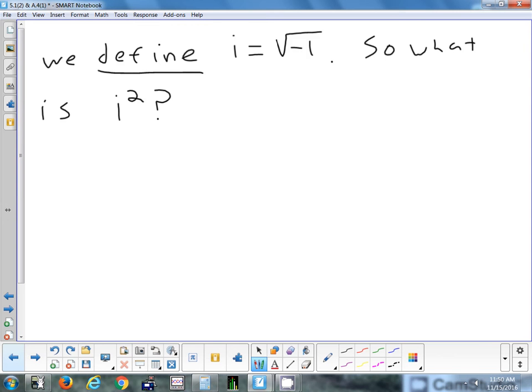So from that fact, we can figure out other things like i squared. Right? So if i is the square root of negative 1, what do you get if you take i and square it?